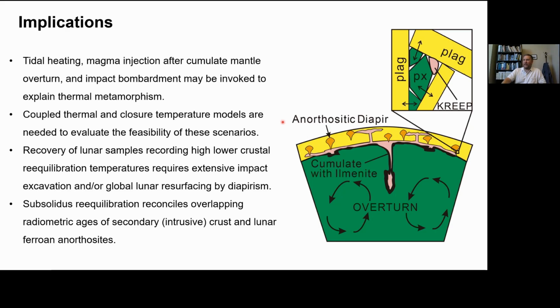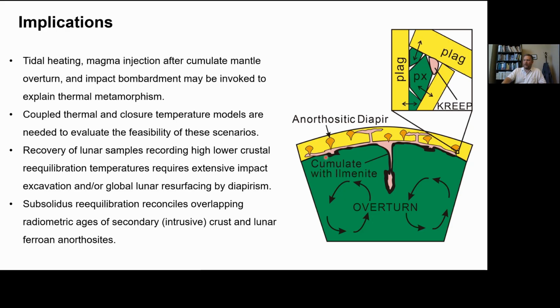So that's similar to what we're proposing here in this cartoon. I think to evaluate which heating mechanisms are realistic, this is going to require coupled thermal and closure temperature modeling. So the geodynamicist needs to work on that.